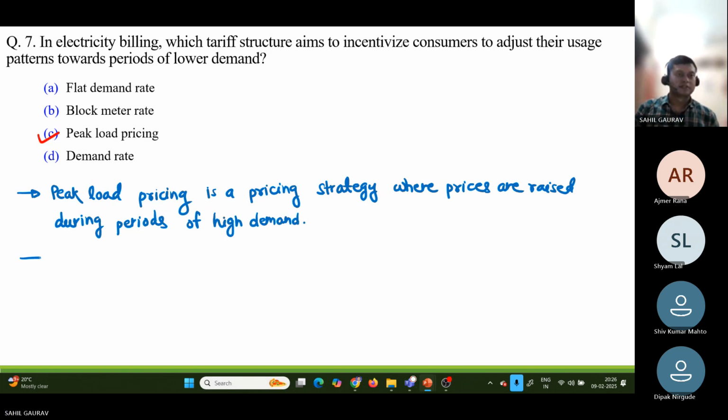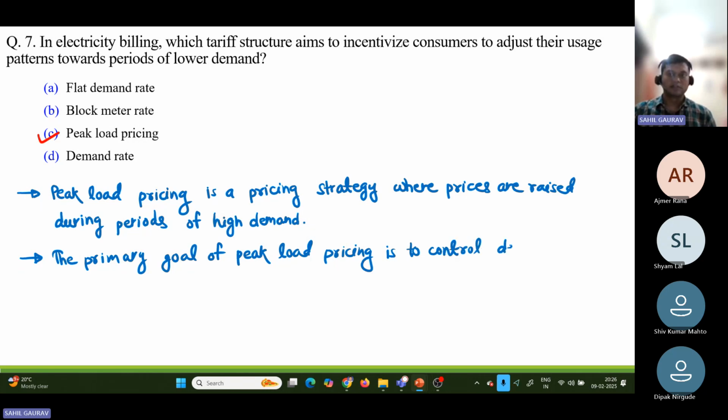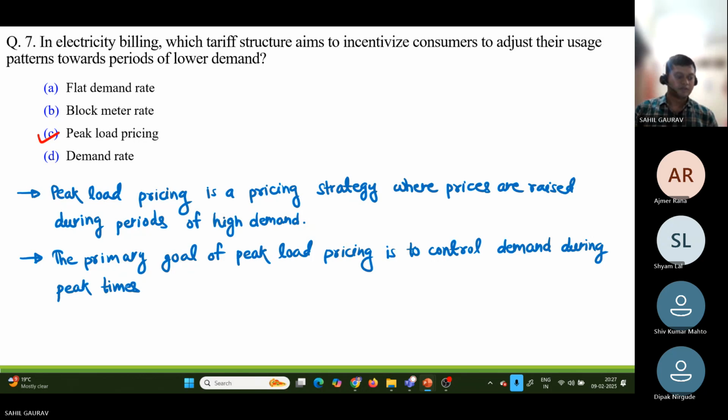The primary goal of peak load pricing is to control demand during peak times and achieve optimal allocation of resources.